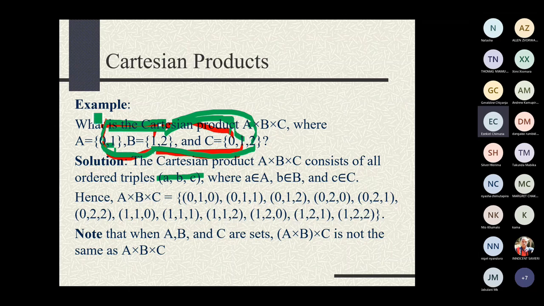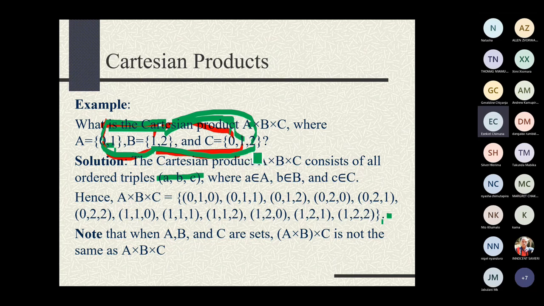And after that, you pair this element 2 with the rest of these elements, which will be 1, 2, 0; 1, 2, 1; and 1, 2, 2. This is what we have here, and then you close your curly braces.